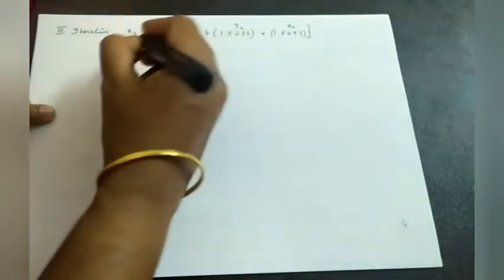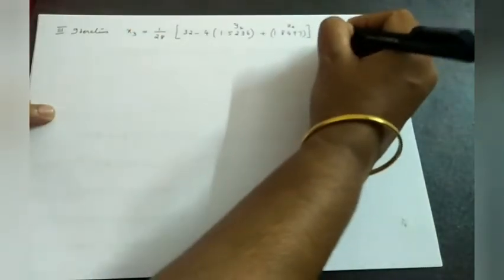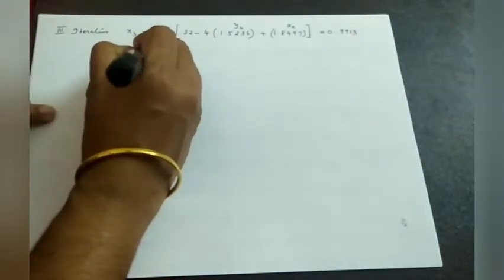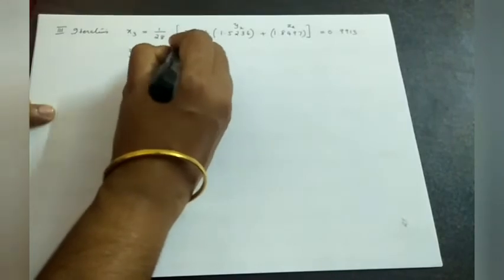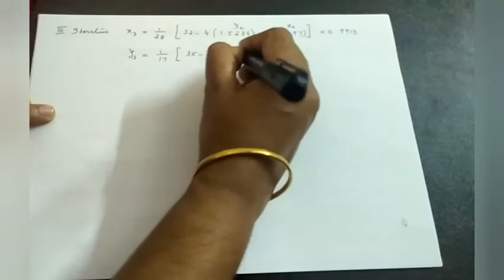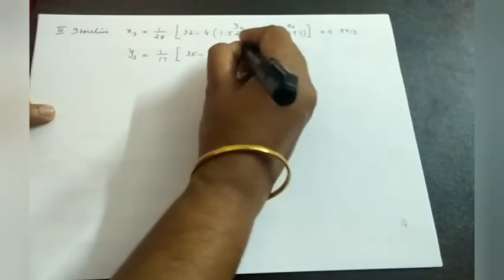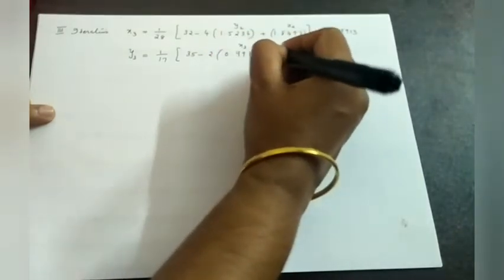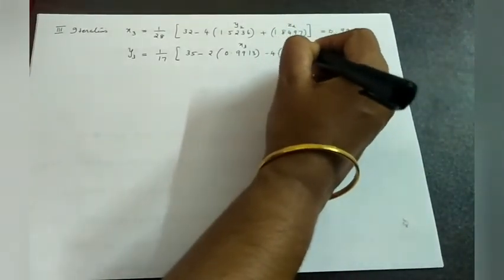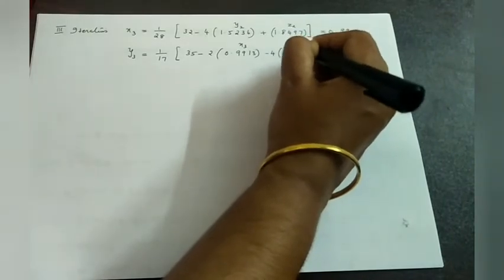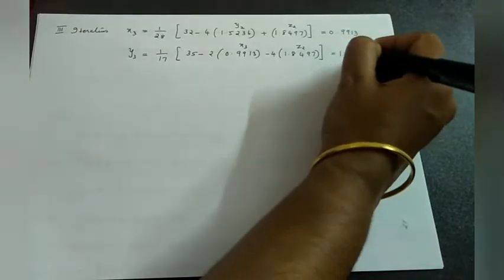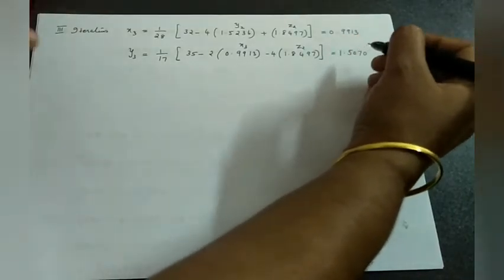This is equal to 0.9913. Now the value of y3 is 1 by 17 into 35 minus 2 into 0.9913, that is the value of x3, minus 4 into 1.8497, that is the value of z2. This is equal to 1.5070.